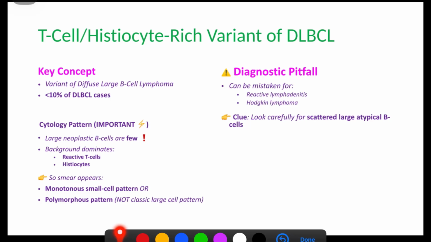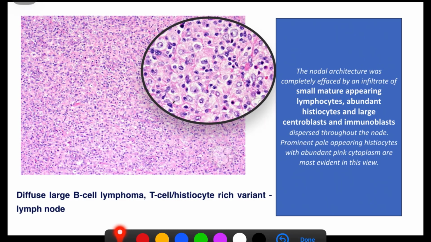So, it can be mistaken for reactive lymphadenitis or Hodgkin's lymphoma. So, what is the clue? We have to see scattered large atypical B cells to diagnose it as T cell or histiocytic rich variant of DLBCL, and of course we require IHC for confirmation.